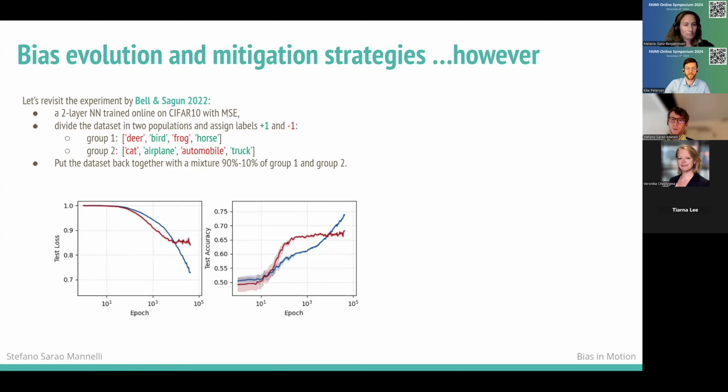And this is what you see. You can see the performance conditioned to the two subgroups. At the beginning of training, you are performing very well on the red subpopulation, but later on, the performance deteriorates. Instead, the blue one will catch up and outperform the red.